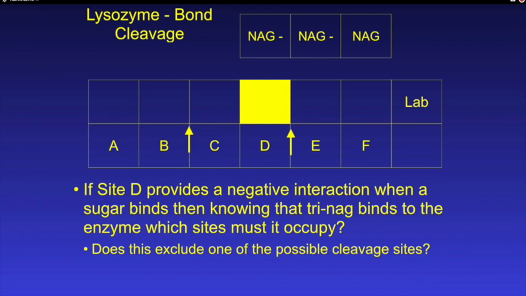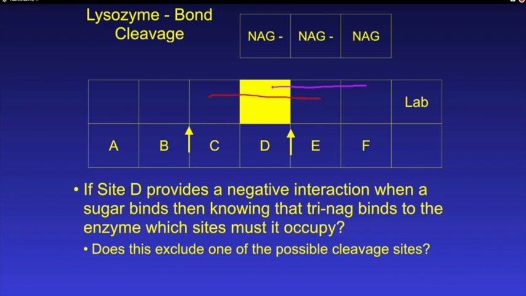So what was the activity if I fed a tri-NAG into the system? If you go back and look, a tri-NAG had 0 breakage. Let's look at where tri-NAG could bind. Tri-NAG could bind these 3 spots. Is that a good binding? Well, I've got 2 positives and 1 negative in terms of energy. That doesn't seem great. I could bind here.